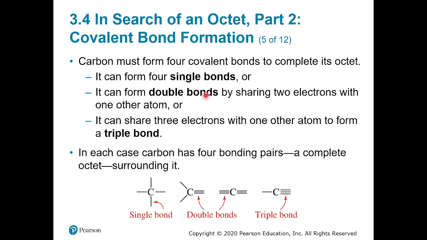A double bond is denoted by 2 lines, and it's saying it's actually making 2 sets of electrons and sharing those with whatever it's bonded to. For example, this could be another carbon over here. So these carbons on both sides would be sharing 4 total electrons in what's called a double bond. It is not the same thing as having 2 single bonds, but can everybody understand it forms double bonds? Those have 4 total electrons.